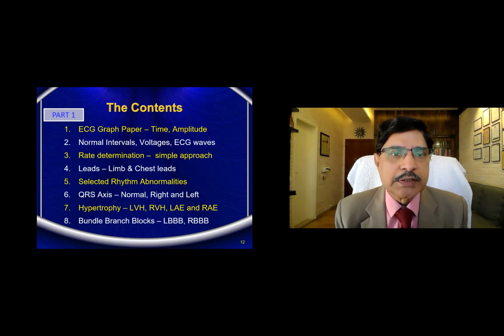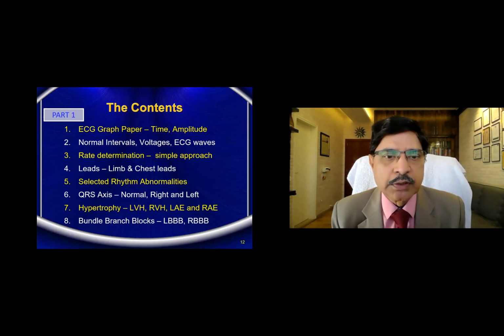So we start with ECG paper, part 1 of this, normal intervals and voltages and ECGs, rate determination, simplistic approach, leads, limb and chest leads, selected rhythm abnormalities, QRS axis, normal, right and left of the ventricles, that is the QRS axis, and also the axis of the atria and T wave also in certain situations.